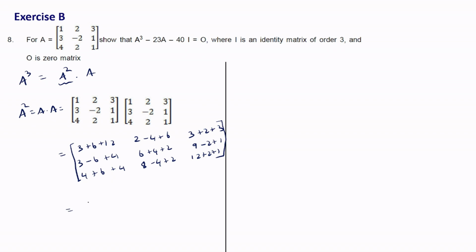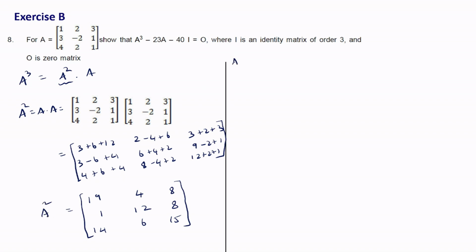So this is 19, 4, 8, 1, 12, 8, 14, 6, 15. So this is A square.